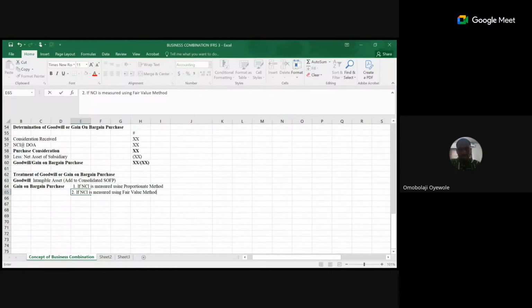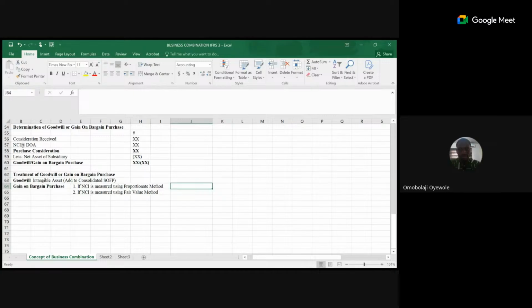So now, here it is. If I have a gain on bargain purchase, which is a negative goodwill, how do I treat a negative goodwill? The way I treat a negative goodwill depends on how NCI is measured. So if the question tells me that NCI is measured using proportionate share of identifiable net assets, then how will I treat my bargain purchase?